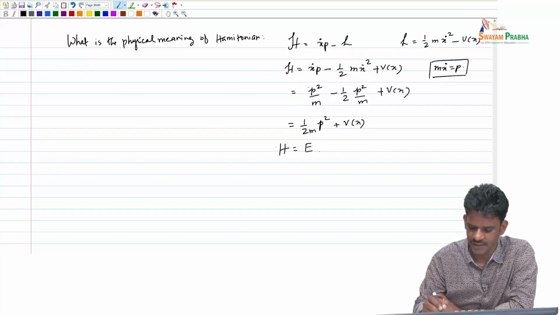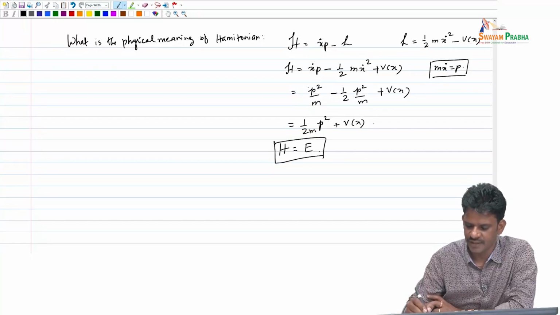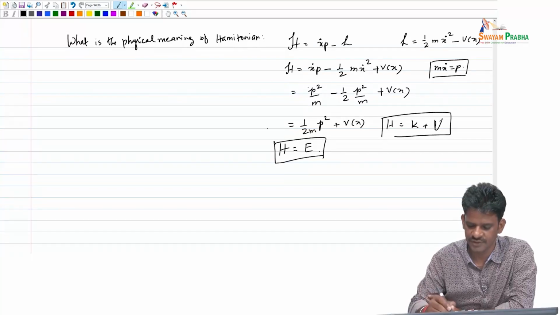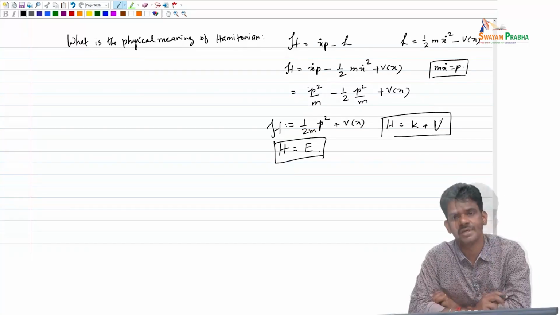So H is equal to E. If you recollect, we have already defined the Hamiltonian as the sum of kinetic energy plus potential energy, K plus V, and that's what we have shown here for this example as well.